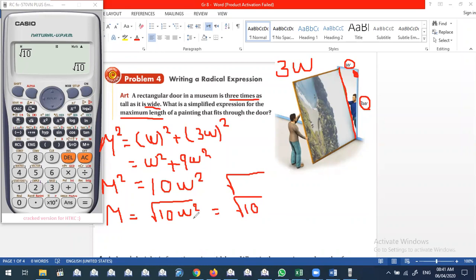What about w? As I told you before, take the power 2 and divide by 2. 2 divided by 2 is 1. That means there is no remainder. So w will be outside here to the power of 1. So the final answer is square root 10 w.